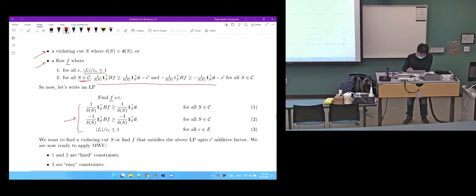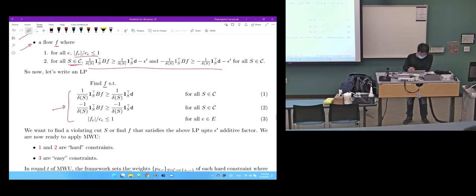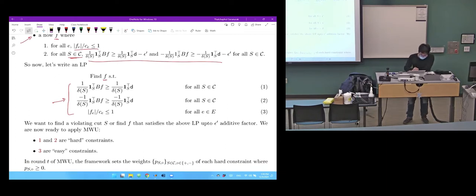Okay. And when we try to apply the multiplicative weight update to find such a flow, the framework requires you to specify which part you think of as a hard constraint, and which part you think of as easy. So these two things will be hard constraints. This one is going to be easy. Right. Now I want to recap multiplicative weight update.